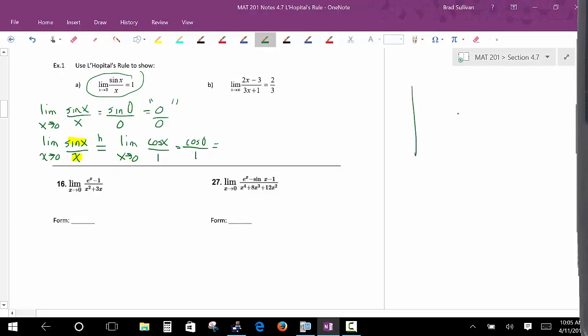Now on a unit circle, the cosine of 0 is the x value, right? So what you'd end up having is 1 over 1, or the answer to that limit is 1. That was a limit that we developed using a calculator. I kind of showed you how to develop that idea, but L'Hopital's rule would prove that the limit of sine x over x is equal to 1.